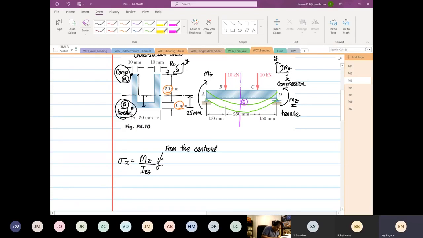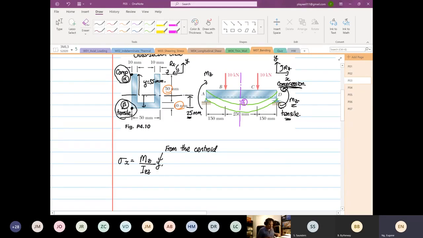So the distance from here to here and from here to here. For beta, y is equal to 25 millimeters. For alpha, y is equal to what? 35 millimeters, yes or no? Based on our analysis, alpha will be under compression because of the tip of the moment arrow, and beta will be tensile because it's at the bottom end of the moment arrow.